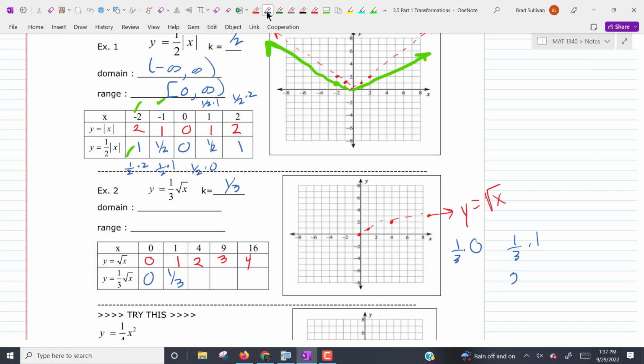If you do 1/3 times 2, what do you do with fractions? You multiply them straight across. So that gives you 2 over 3. Then when you do 1/3 times 3 over 1, that's 3 over 3. So that gives 1 like that.